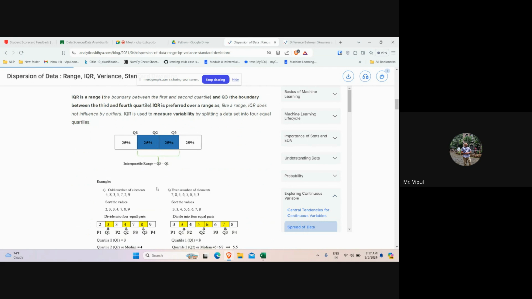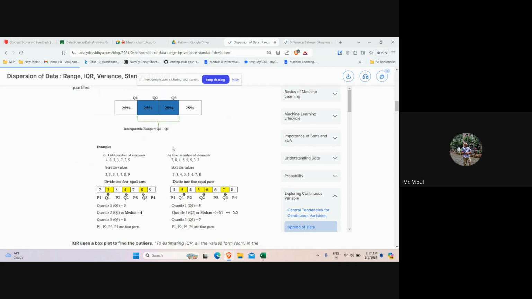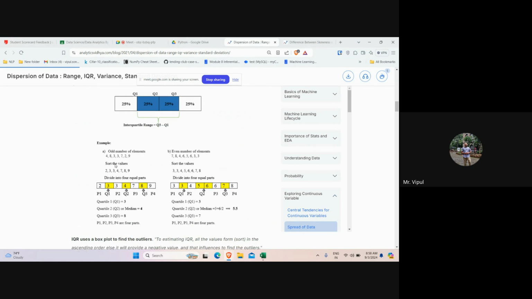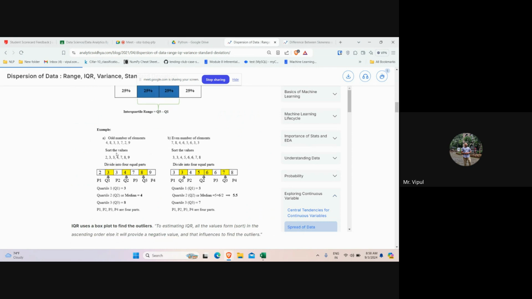This is where quartile comes into the picture.